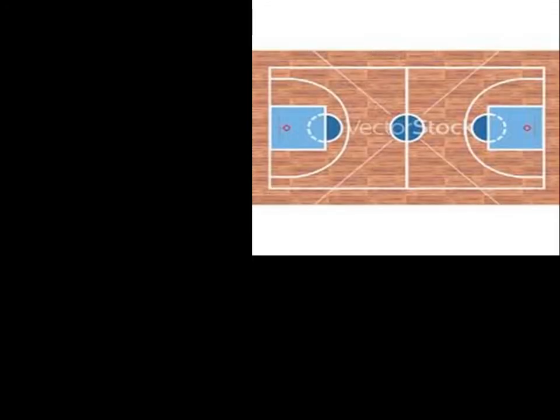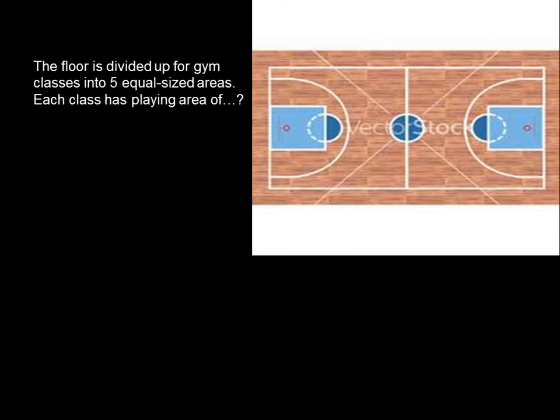This is the basketball court. We made a lot of them. The floor is divided up for gym classes into 5 equal size areas. Each class has a playing area of. You need to divide the area by the number of classes.